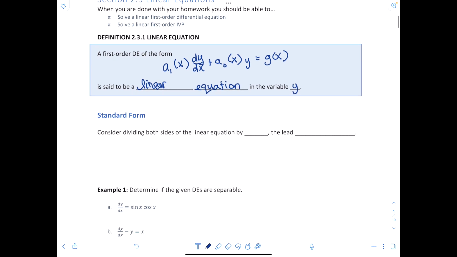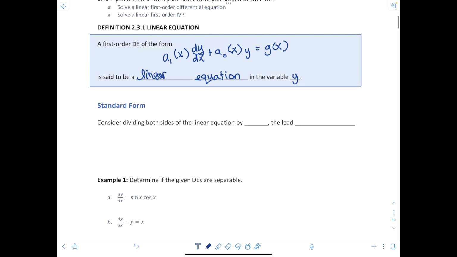So here we go. Standard form. Consider dividing both sides of the linear equation by a sub 1 of x, which is the lead coefficient. So we'll rewrite that equation: a sub 1 of x times dy/dx plus a sub 0 of x times y equals g of x.